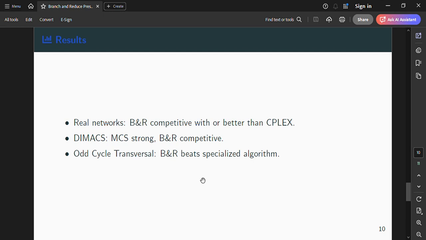On DIMACS benchmarks, MCS often wins because it's tailored to those instances, but B and R still solves many cases competitively. On odd cycle transversal, branch and reduce, CPLEX and MCS all significantly outperform the best specialized algorithm for the problem. This shows that reducing to vertex cover can be a powerful approach.